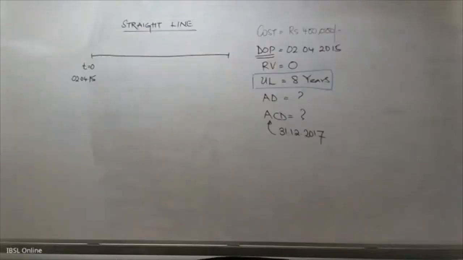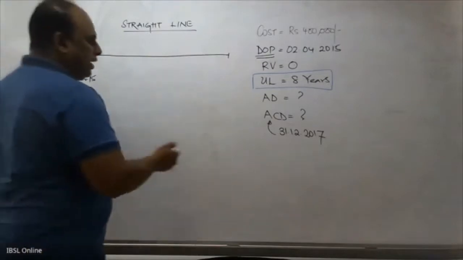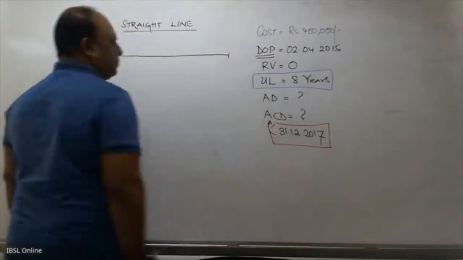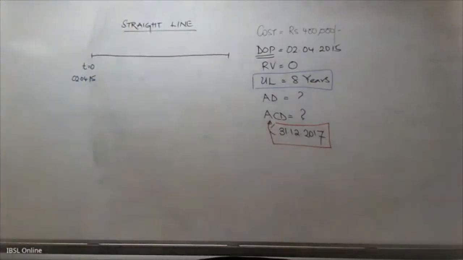How did you determine that? It says that accumulated depreciation has to be calculated as at 31st December. So this is the indication of the financial year. Now these things will not be given straightforward to you in the examination. That's why I'm asking that question. You have to think and pick it from the question.